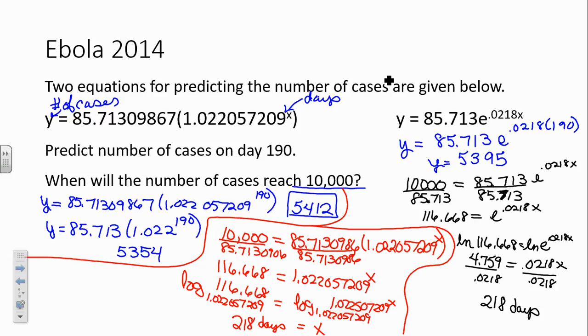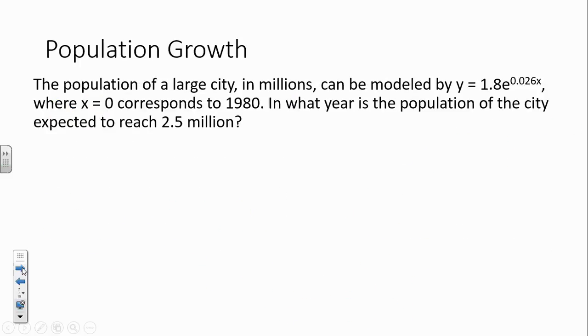All right, so next one says, guess what? Population growth. When we're looking at that, we can have a model like y equals 1.8 e to the 0.026x, where x equals 0 corresponds to 1980. And we need to figure out when the population would be expected to reach 2.5 million.